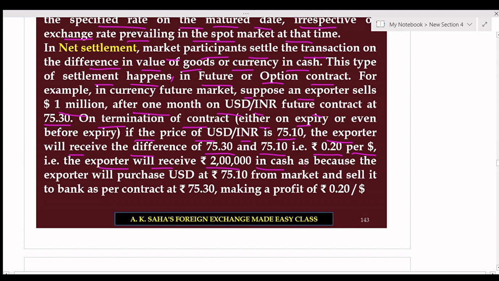This is because the exporter will purchase USD at rupees 75.10 from the market and sell it to the bank as per contract at rupees 75.30, making a profit of rupees 0.20 per dollar.